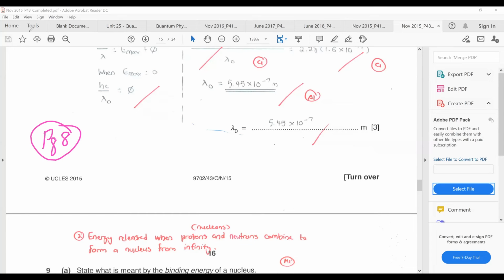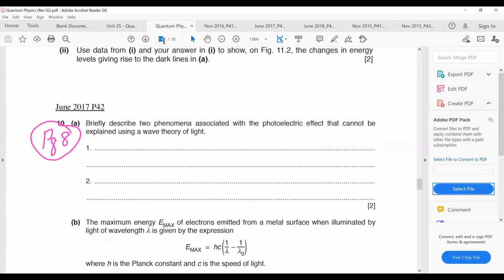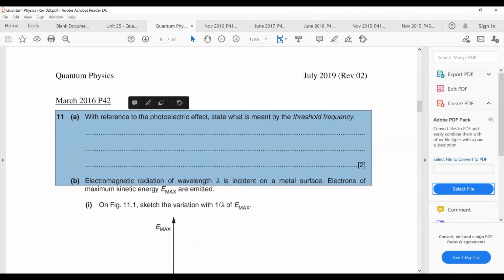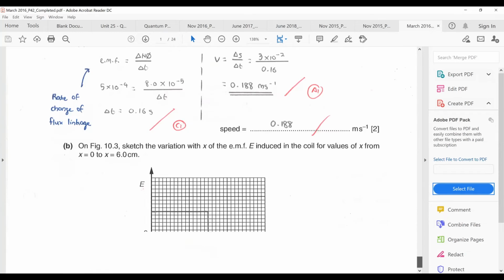Go to page 8, which is your next page. There are some things here that you can just ignore because we've done that same question already, but let me just open it out for you. March 16, P42, question 11.